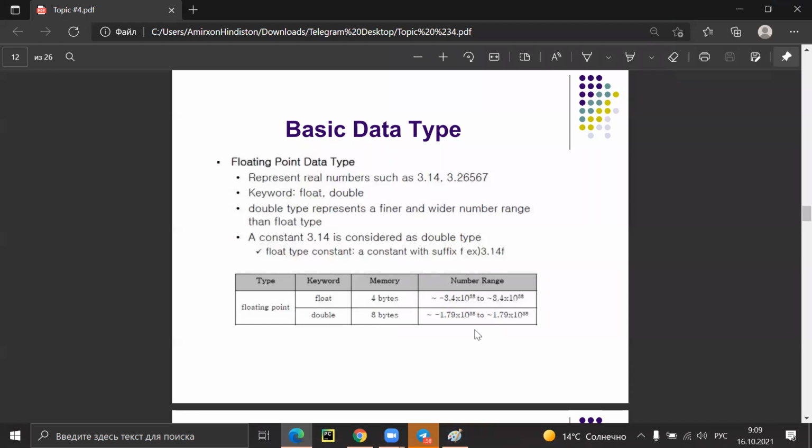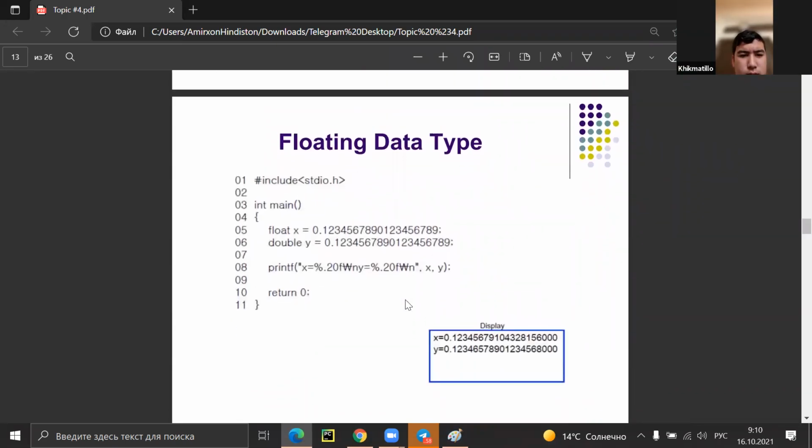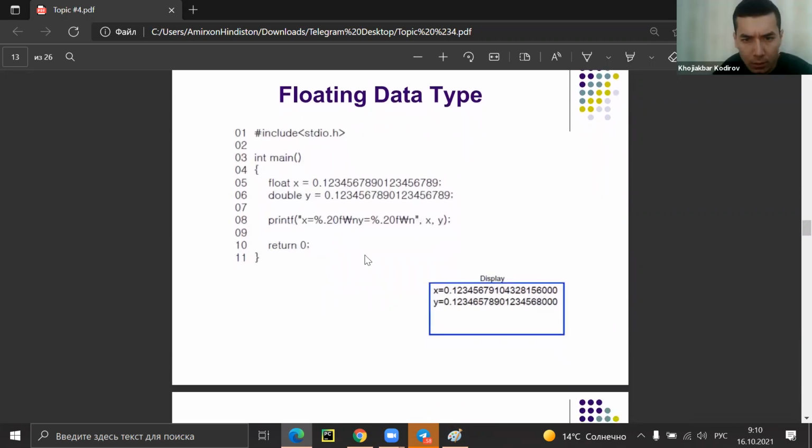Any questions here? I think everything's clear. We'll have this number, and then they are being printed.